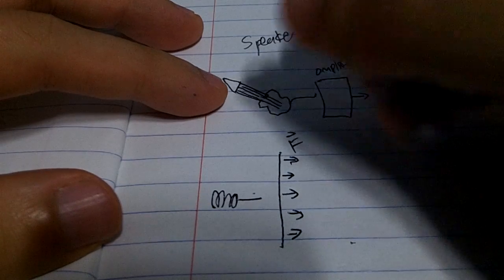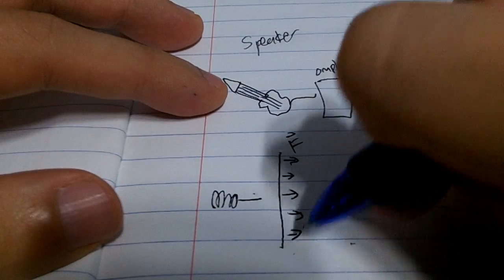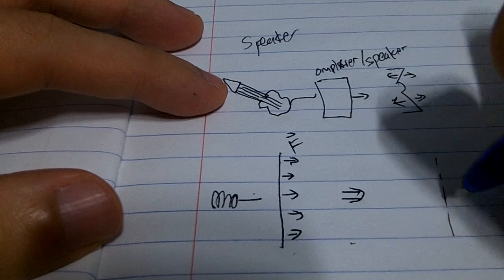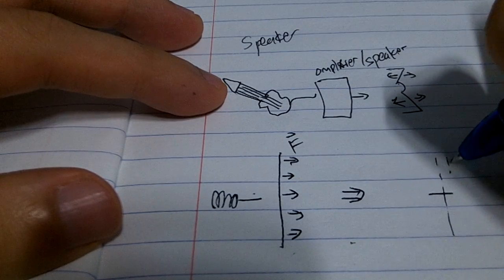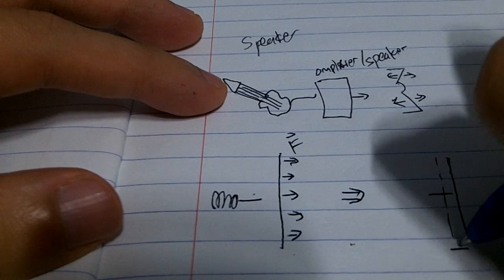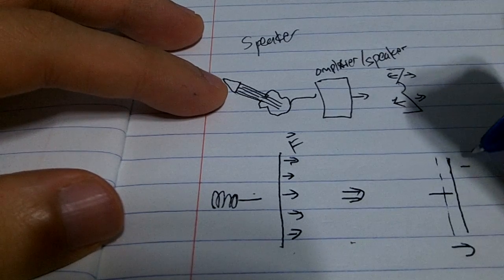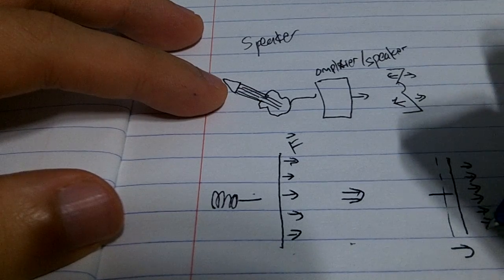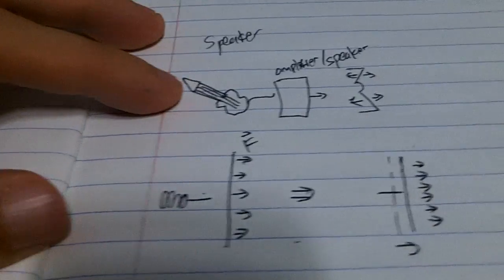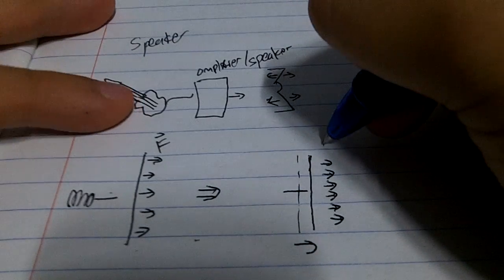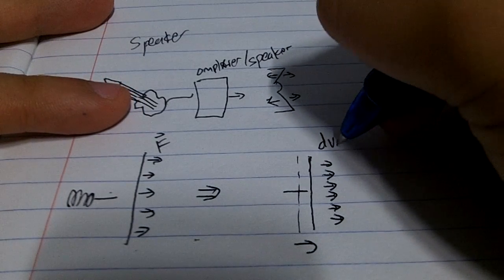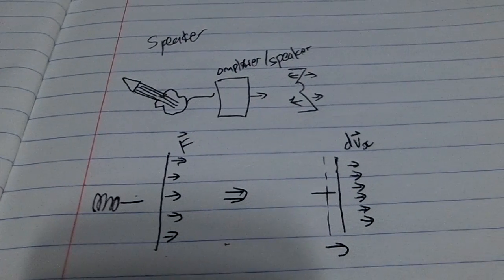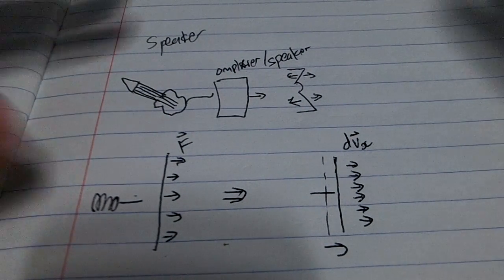So when this happens, the speaker actually moves forward a bit, and it forces the air very near to it to go that little bit faster. Let's call it dvx. A little change in velocity will be called dvx.